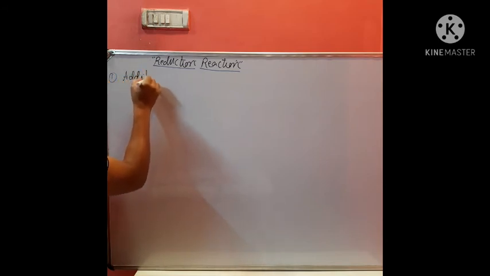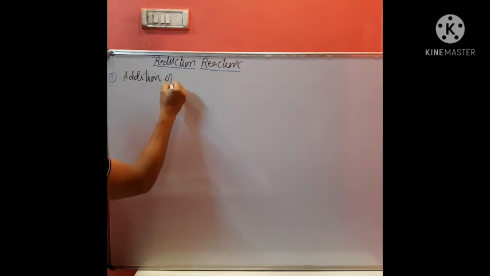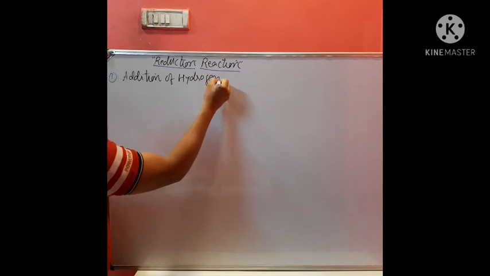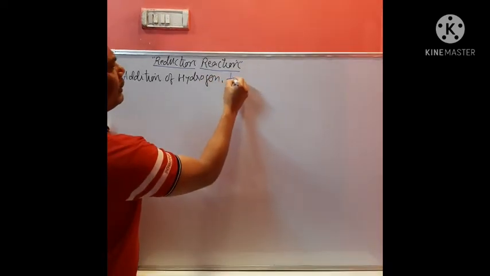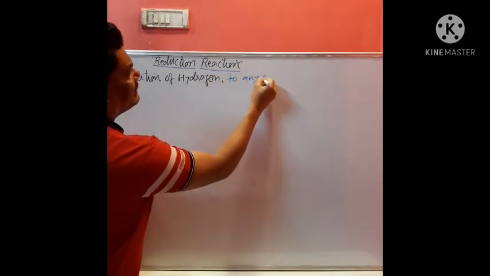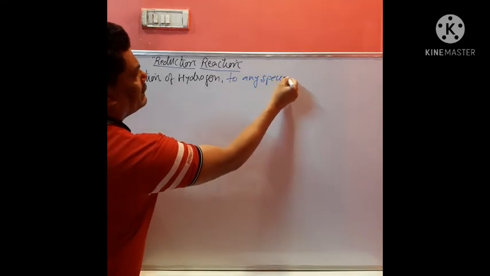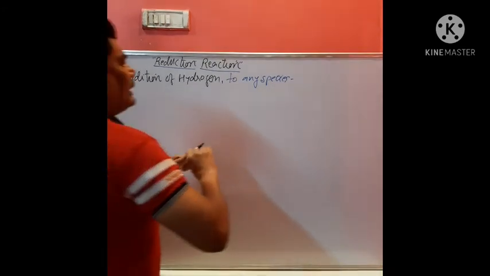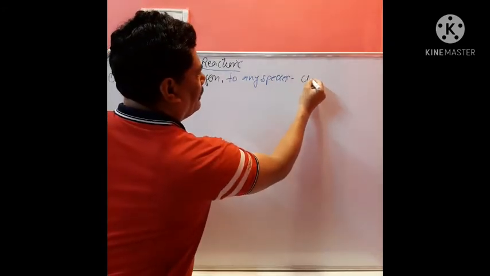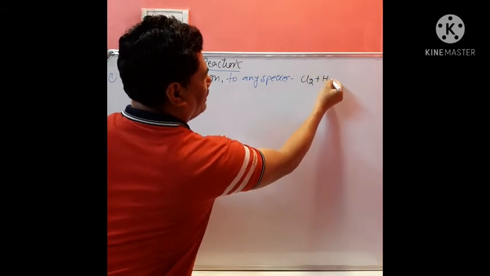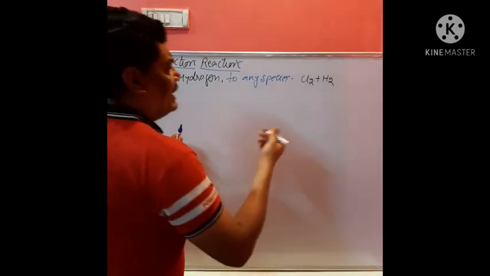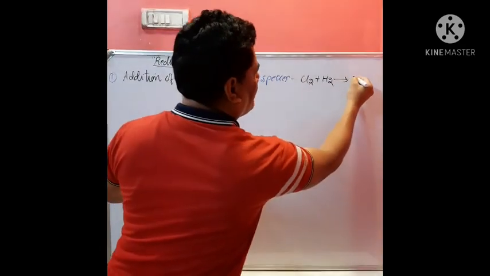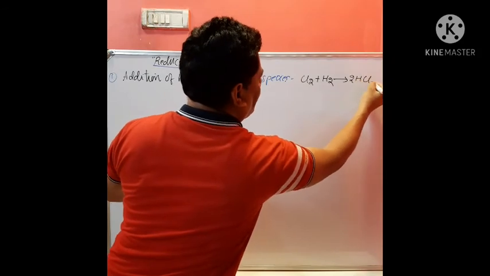Addition of hydrogen to any species is known as what? Reduction. Like when Cl2 reacts with H2, that is, Cl2 gas and H2 gas react together by applying proper conditions, then they convert into 2HCl.